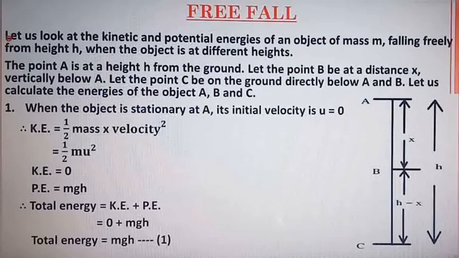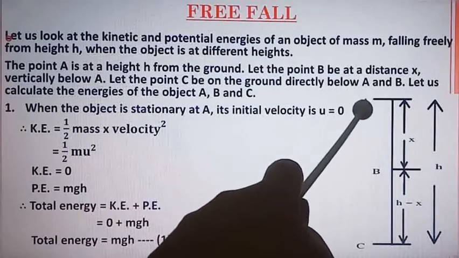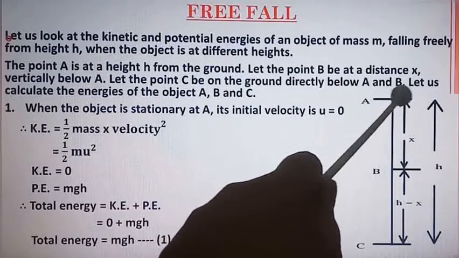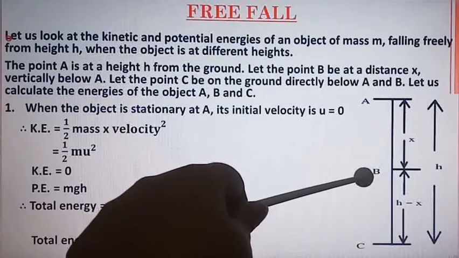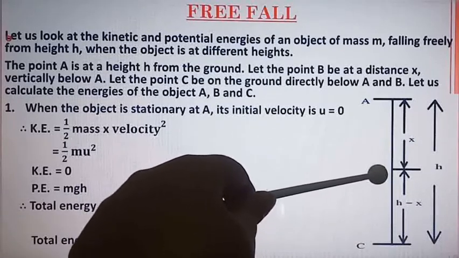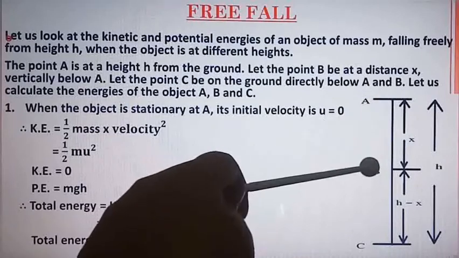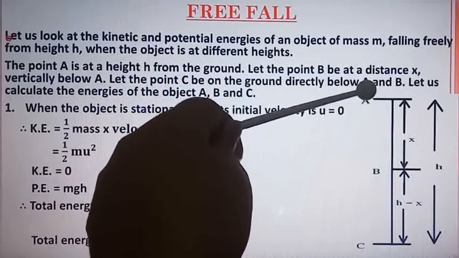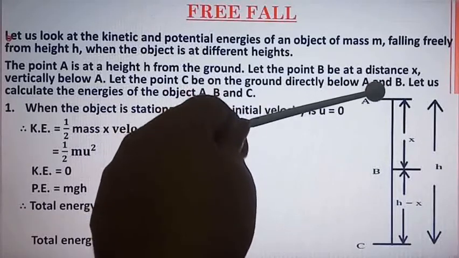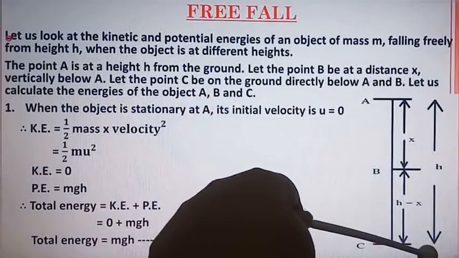That object has mass m, and we will have a glance at the kinetic and potential energies of that object at different heights. Here you can see point A is at a height h. This is the total height from the ground. Let the point B be at a distance x vertically below A. Point A is at a height h from the ground surface.